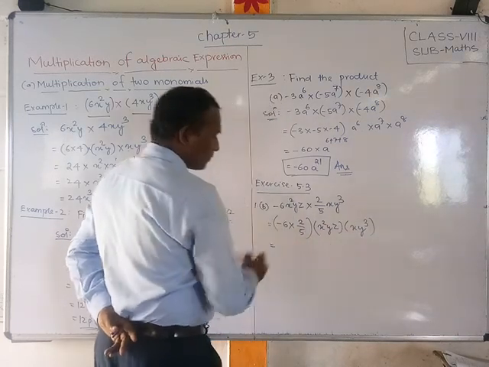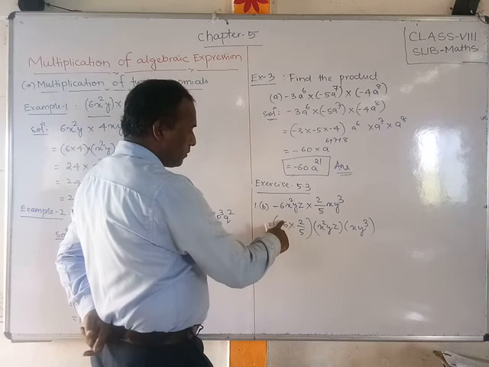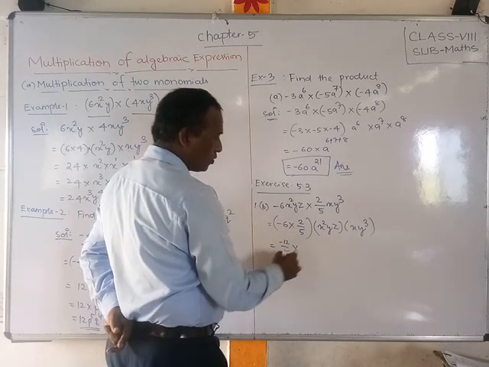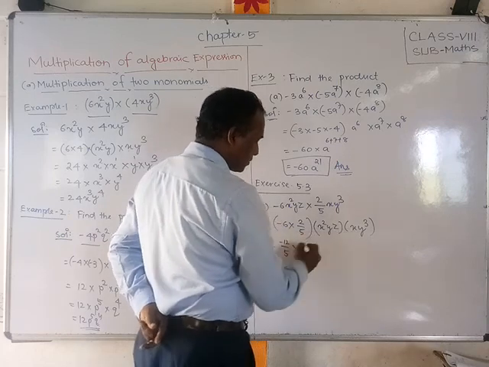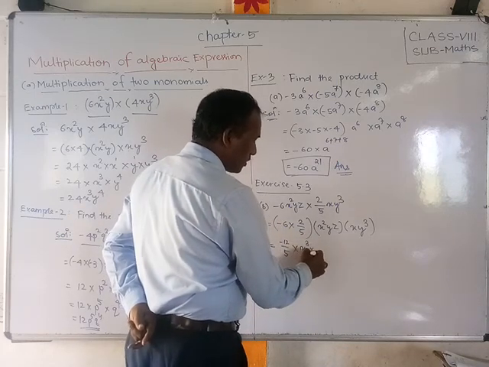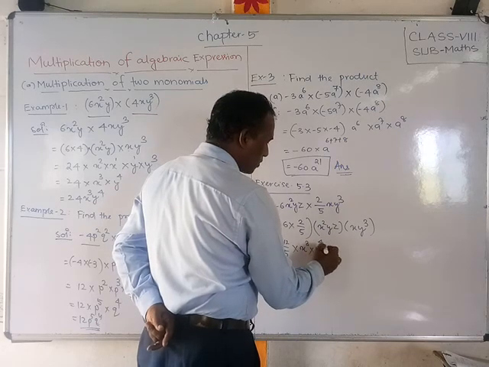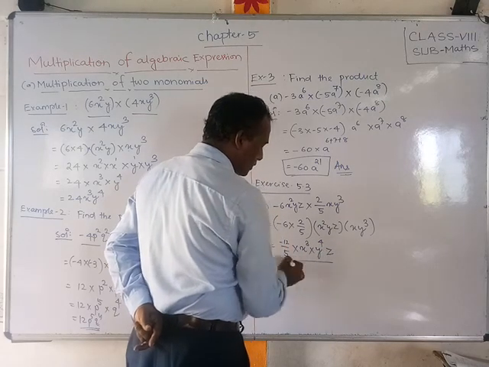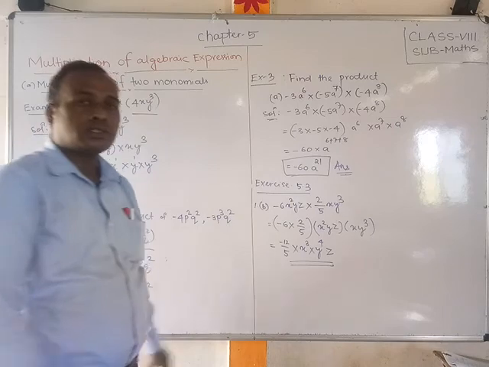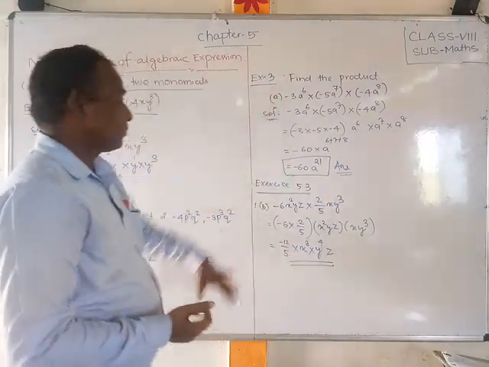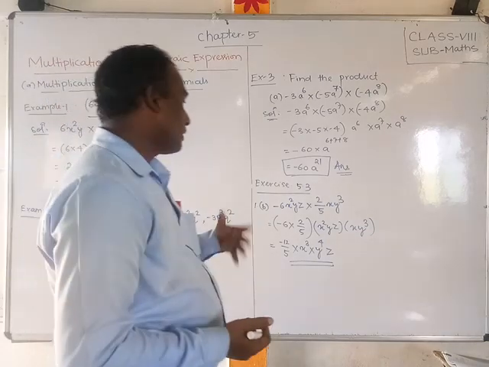Now here we multiply minus 6 into 2, minus 12 by 5, into here x square, here x, we can write x cube, here y cube means y4, into z. This is our answer. Okay friends.